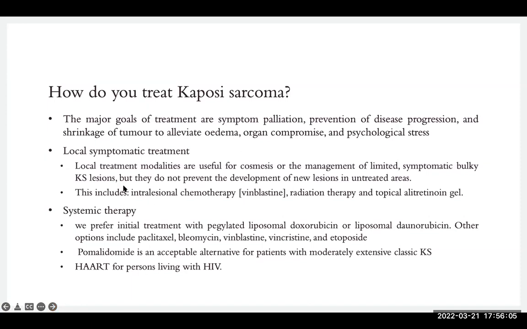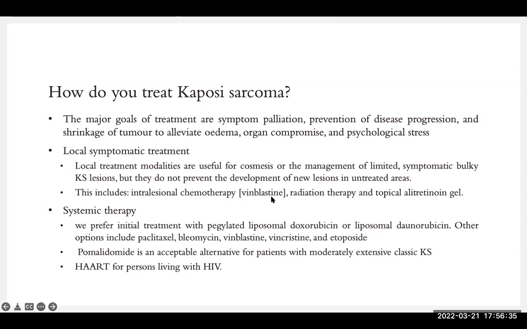But in the case where you get a patient coming in early and you're lucky, you now find yourself in local treatment, which is ideal for the good risk patients. When you're talking about local modalities, there's the surgical, which we'll talk about later, but there is intralesional chemotherapy that we tend to give.